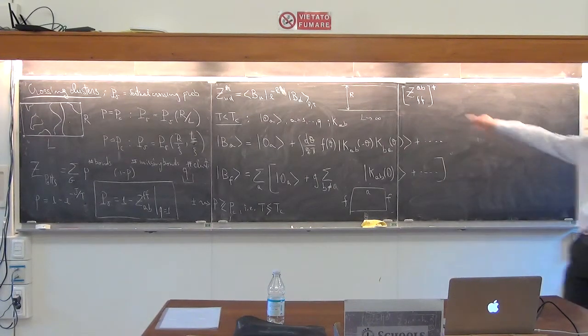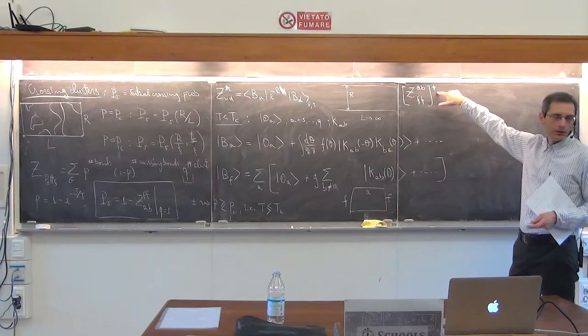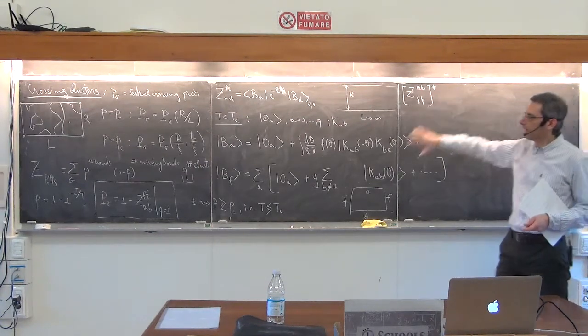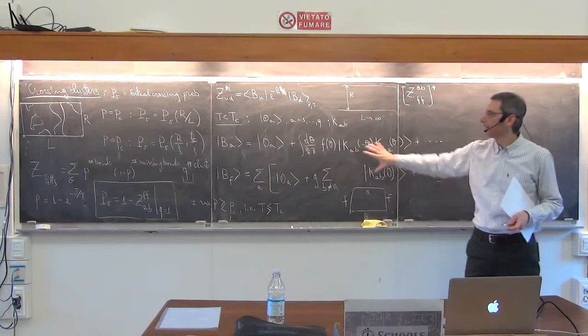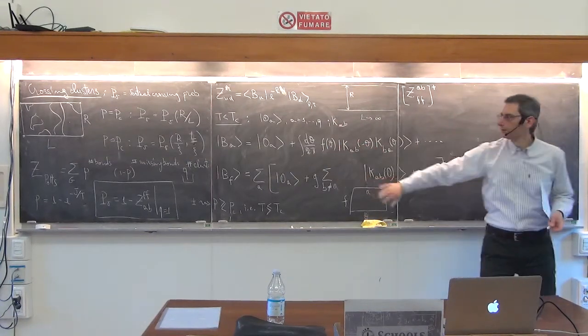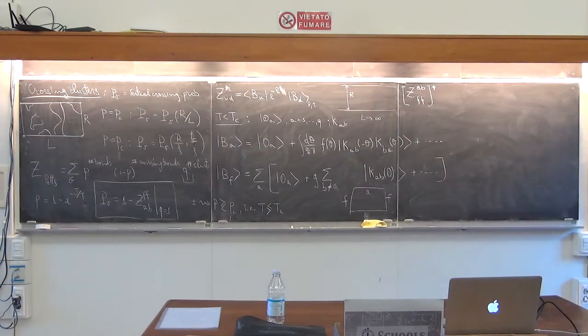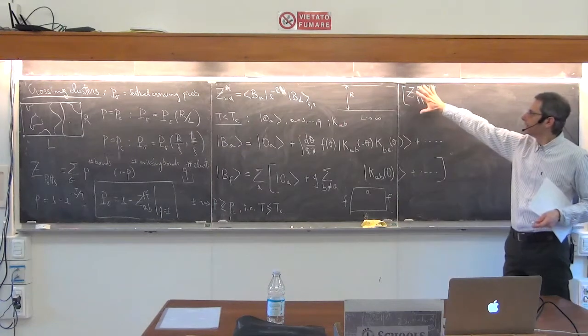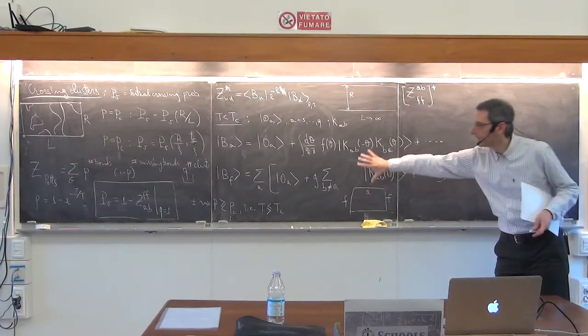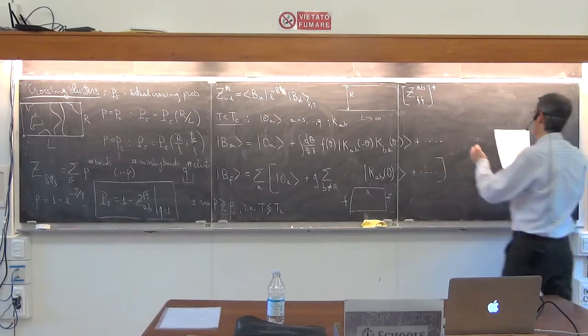So when I put this plus here, this means that I'm actually below T_c in the Potts model. So I'm at the phase in which I have the kink states. This is why I can write this partition function using these boundary states in the right phase.